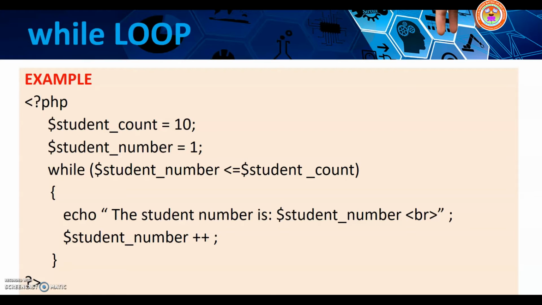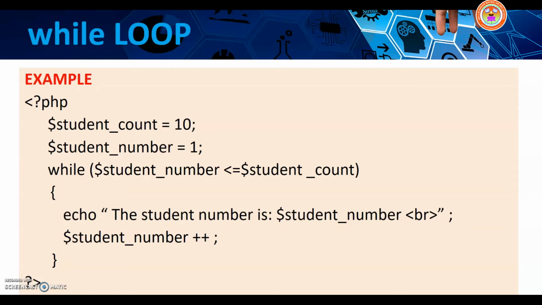The student_number is initially 1. After printing the student number, immediately the next statement is to increment one value for student_number. Then only it will check.